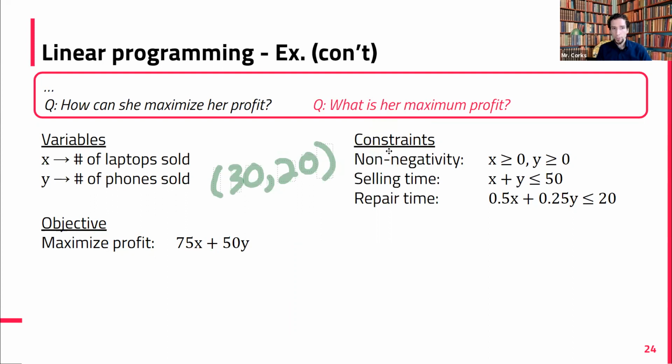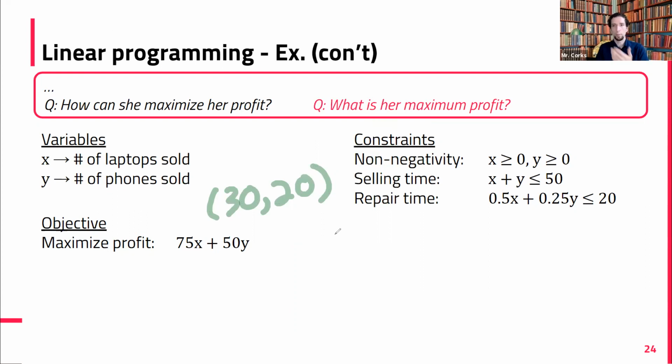So here's the location of the highest profit, but how can we finish the problem? Multiply the average profit for laptop and phones. Okay, so here we have this equation 75x plus 50y that tells us exactly what the profit will be for whatever combination of x and y. So we'll just put in our numbers, 75 times 30 plus 50 times 20.